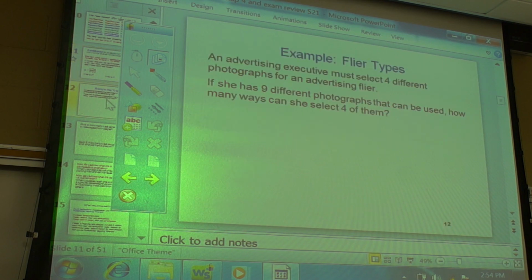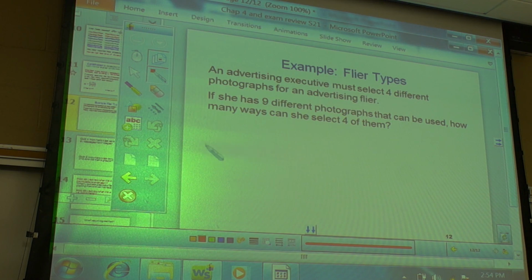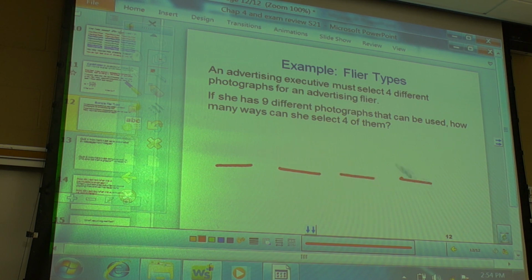All right. So this is my example I did last class, right? Flower types. How many is she picking? 4. I don't say that order matters, so it doesn't seem necessarily. I don't say that they're going in different spots, so order doesn't matter, which means that I'm going to pick 4 of them.